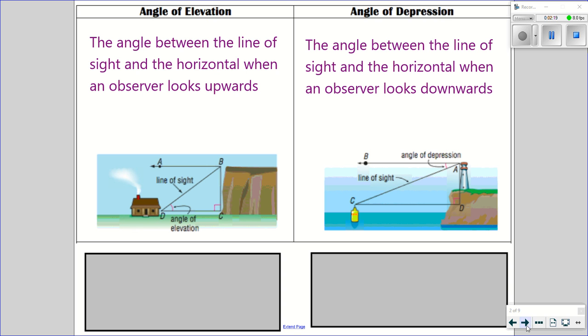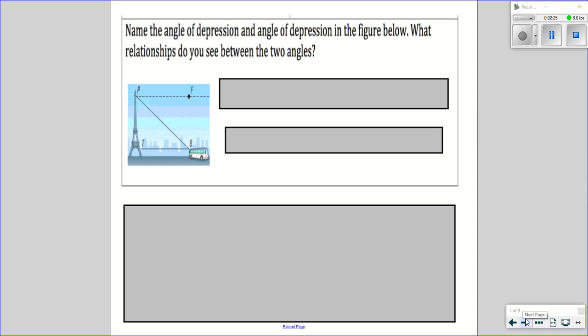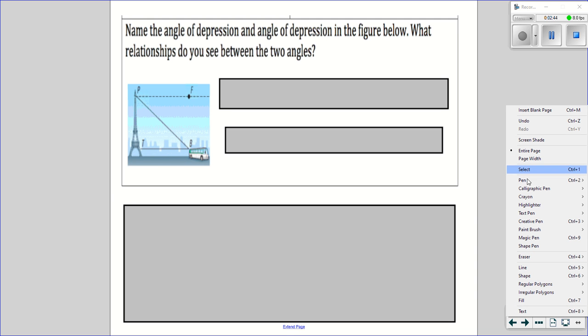With those two, the angle of elevation and depression, there's something you will notice about them. But before we get into that, in this question it says name the angle of depression and name the, oops, it's supposed to say angle of elevation. So let me get that fixed.